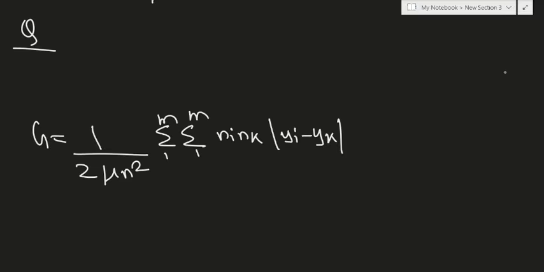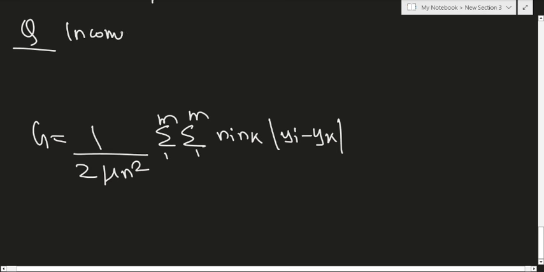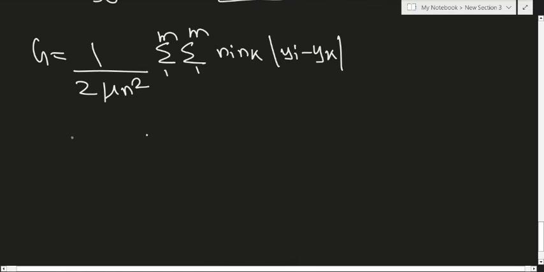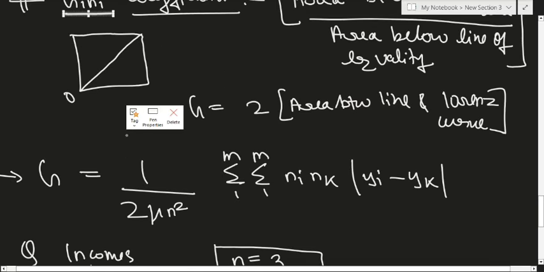So let us say you have incomes 10, 20, 30. Let us say we have n equals 3 here, and our nu equals 10 plus 20 plus 30, which is 60, upon 3, comes out to be 20. Now we have got to calculate the pairwise differences and their absolute values. So we take yi minus yk.